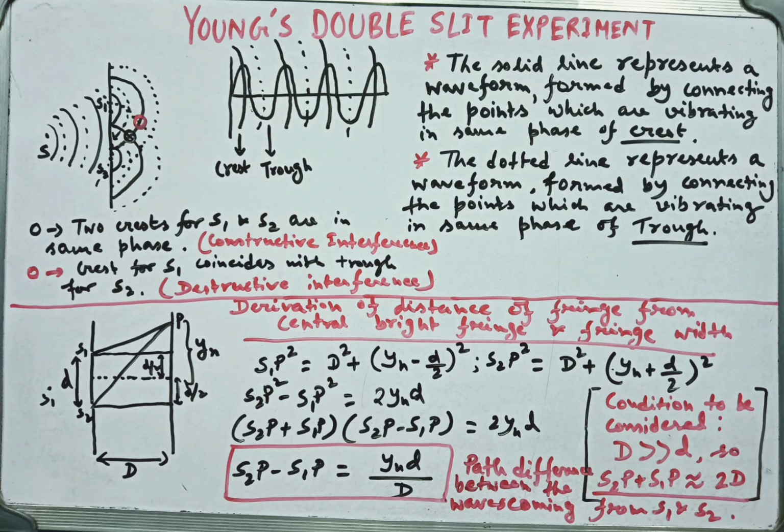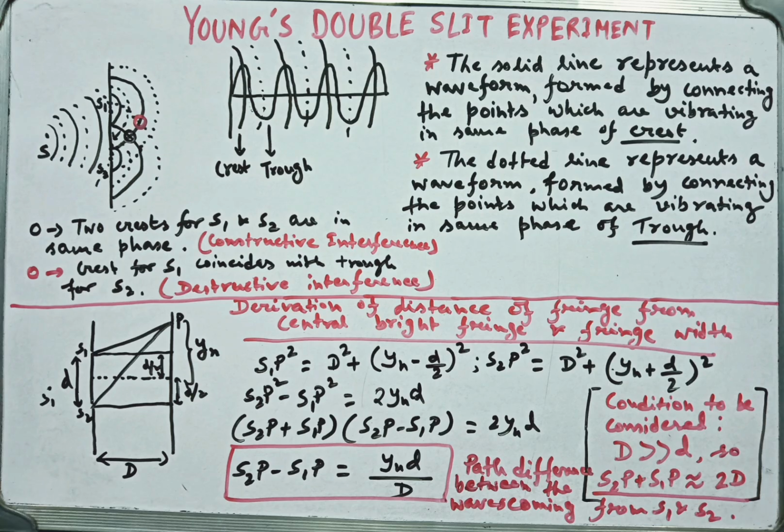Now when these wavefronts reach the two slits S1 and S2, secondary wavelets will be created. Now when the two crests from S1 and S2 are in the same phase, constructive interference happens, and that is represented by the black circle you can see.